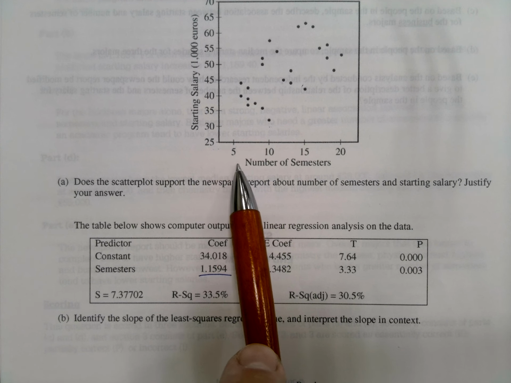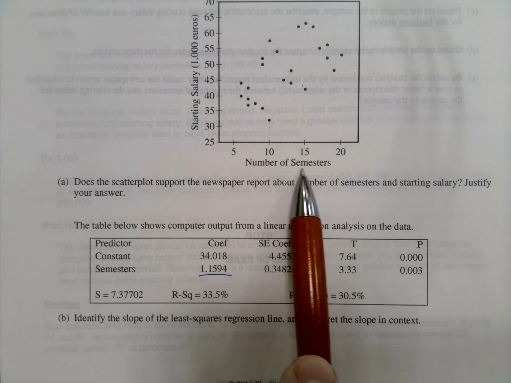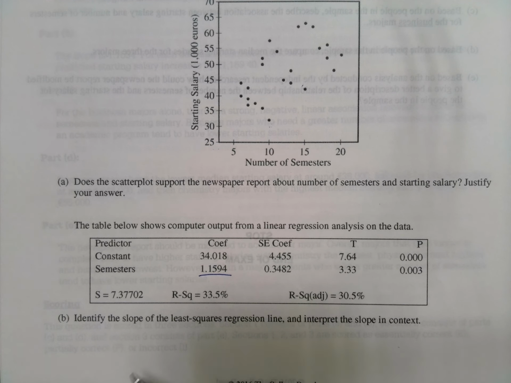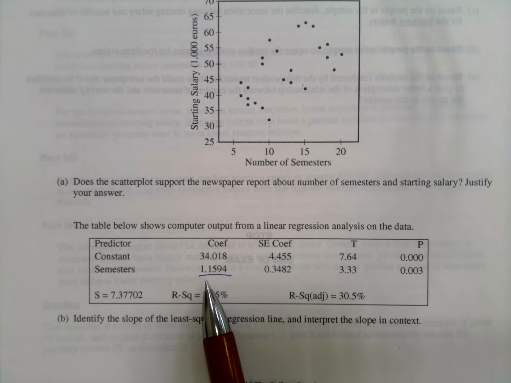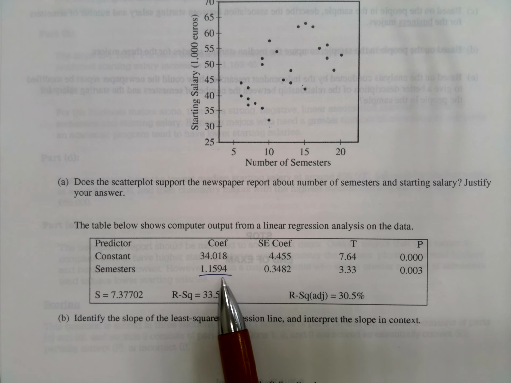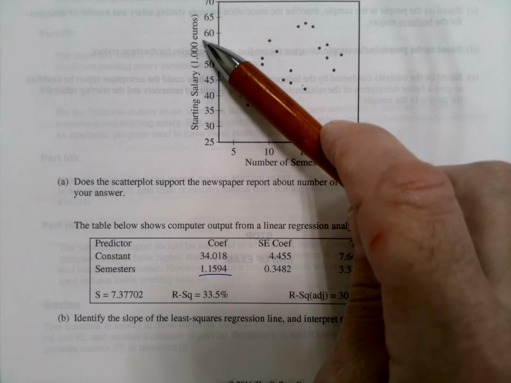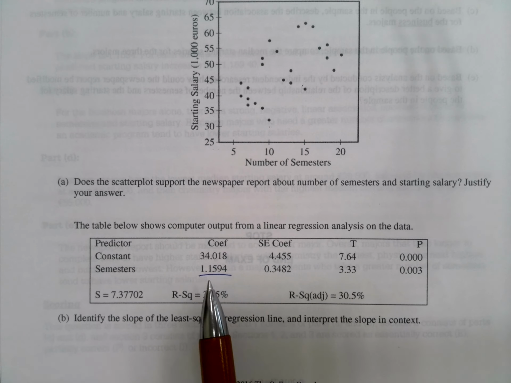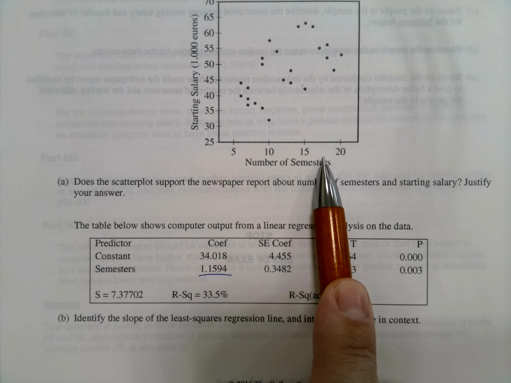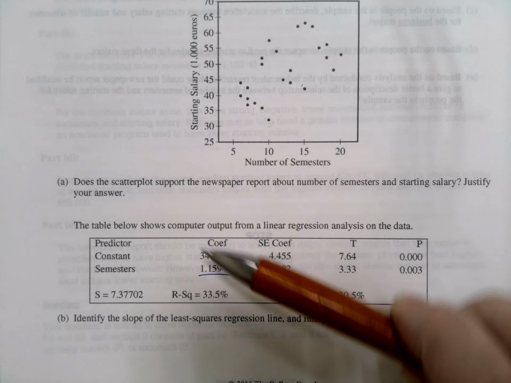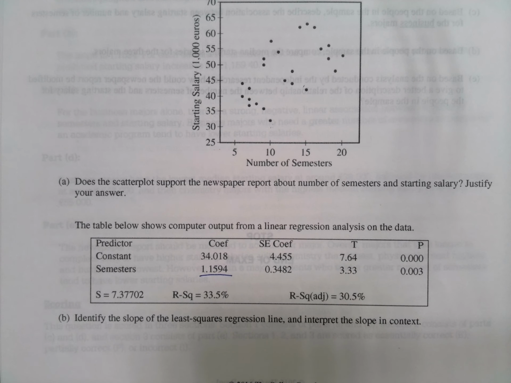So for every 1 increase in the number of semesters, the salary will go up 1.1594 thousands of euros. So, it's like 1,159 euros. All right, so just like that, as x goes up by 1, then the y goes up by how much? This much, right? So you got to put that in context.